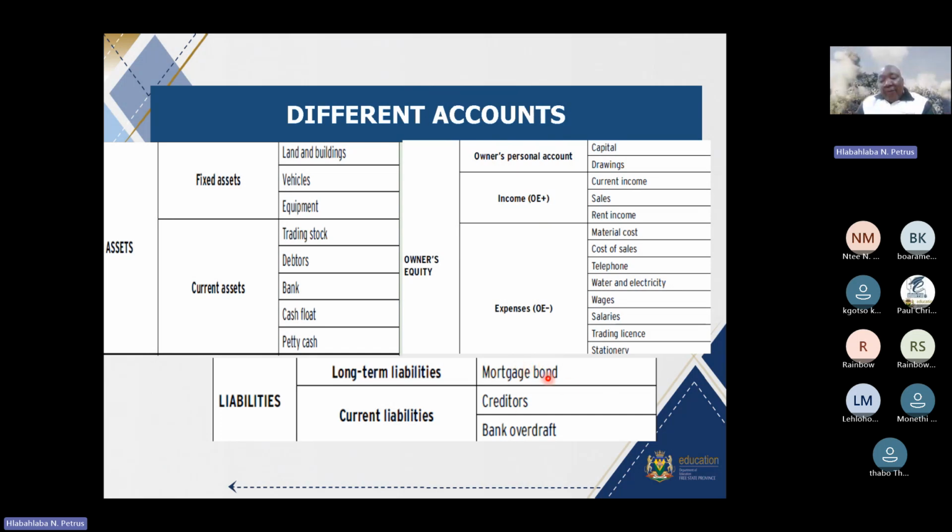Just a brief recap, so that when you encounter them, you remember we do have these accounts. But in grade 8, you are not going to do them. Current liability accounts include creditors and bank overdraft. In grade 8, we don't do the liabilities. You will start to do these accounts in grade 9.